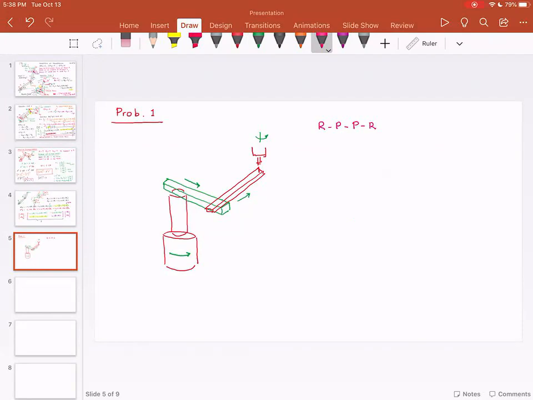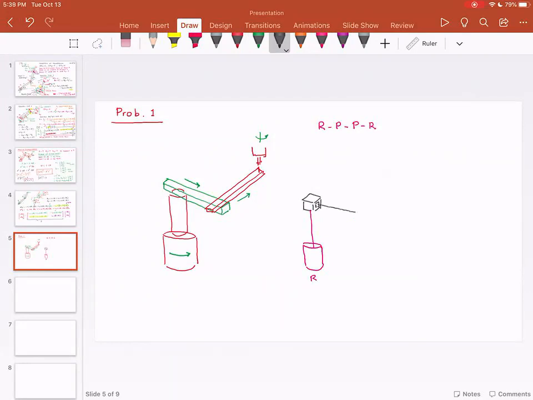It is going to look like this. You have this revolute joint, and on top of it a prismatic joint.